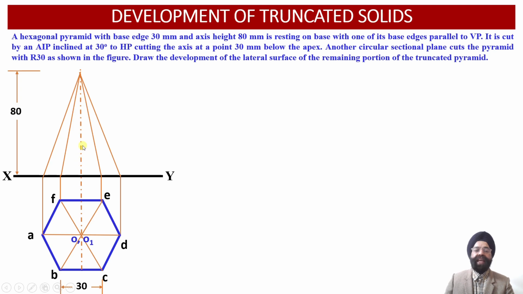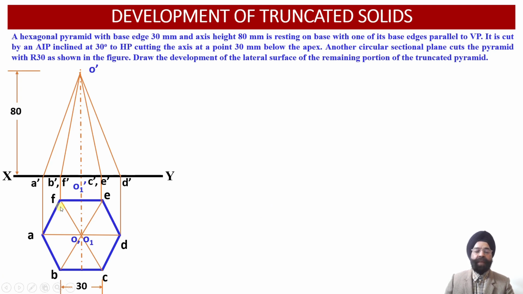We know that the axis height happens to be 80 mm. So once we mark this axis height into the elevation projection view, the apex point O dash will be located. And the moment we are able to locate the apex point, let us now obtain the front view projections corresponding to the 6 points of the base and the axis point O1 onto the XY reference line.